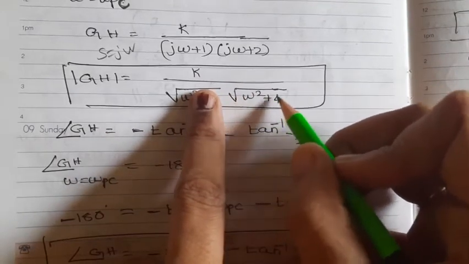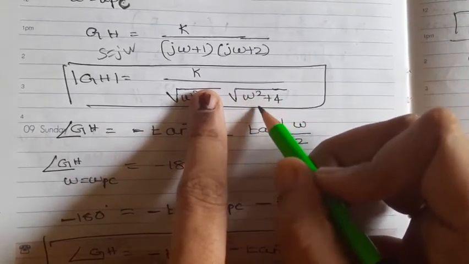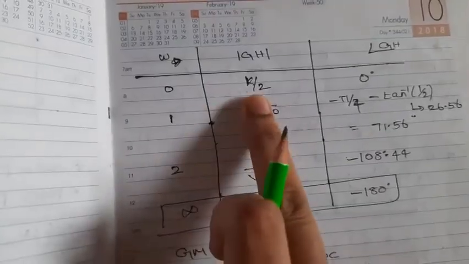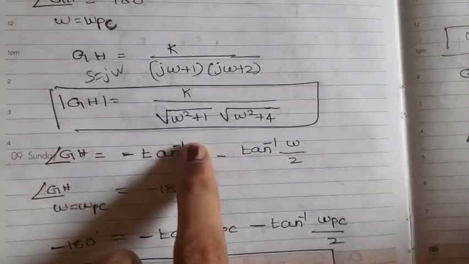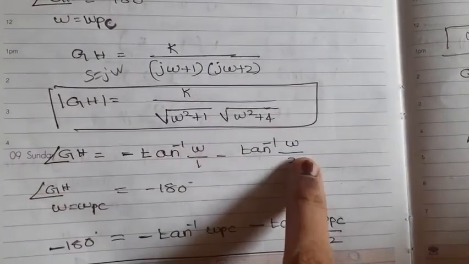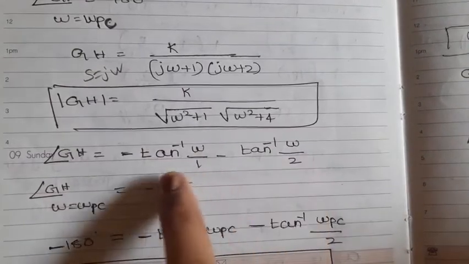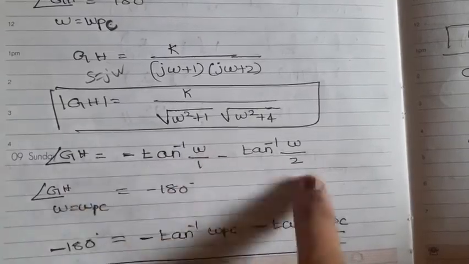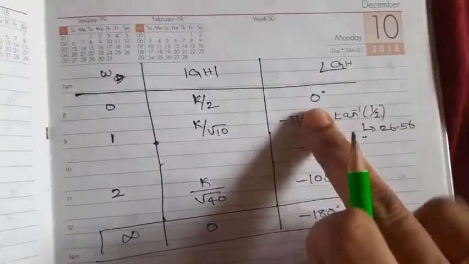Then 0 plus 4, so the square root of 4 we will get 2. So when omega equal to 0, magnitude is K by 2. Then for the angle at omega equal to 0, tan inverse of 0 is 0 only. Both are 0, 0 minus 0, 0 only. So the angle is 0 degrees.